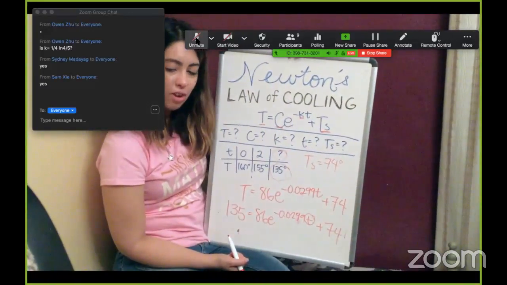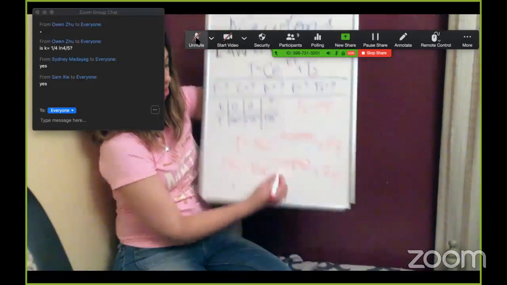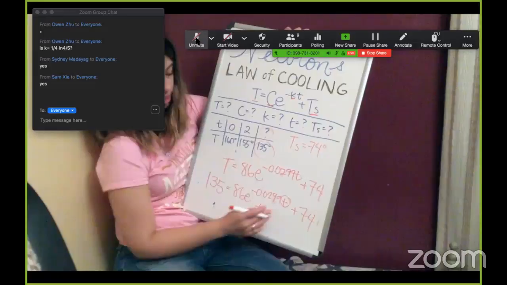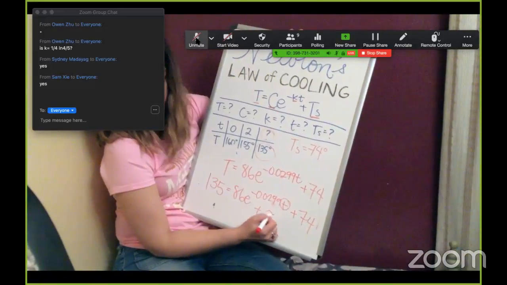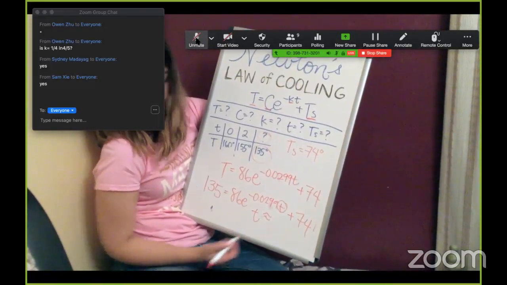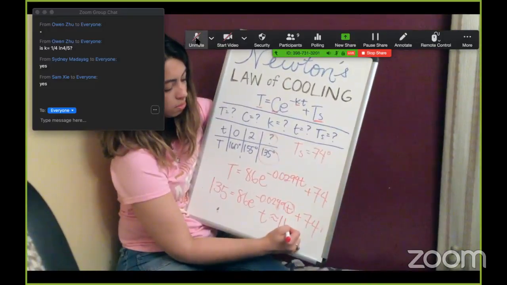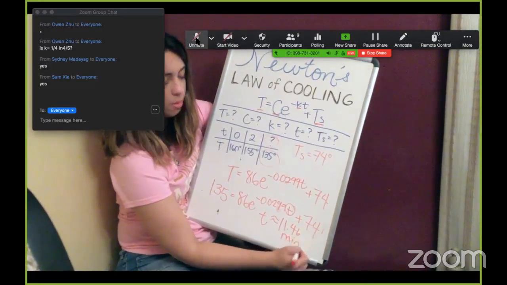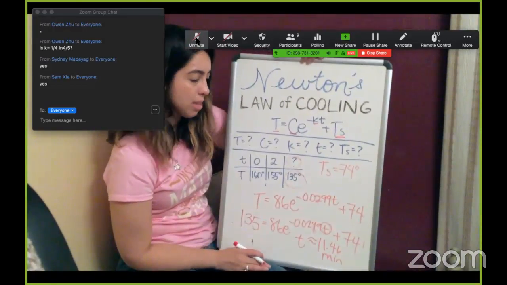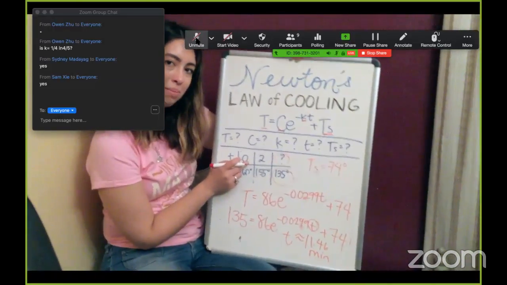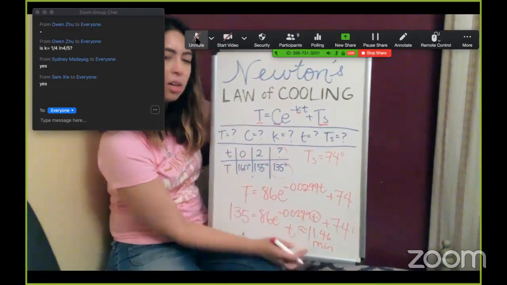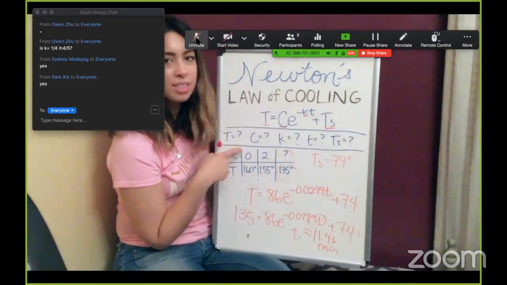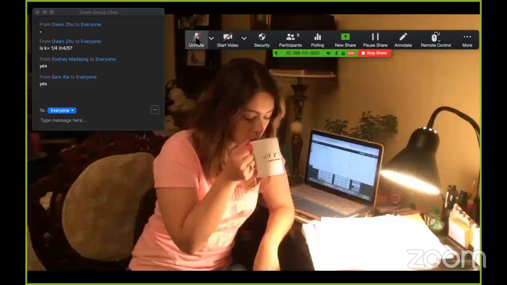Once I finally solve for this t, we will find out that t is equal to approximately 11.46 minutes. So that tells me that from the time that I made my coffee, I should wait about 11 minutes before I take my sip, because otherwise I might end up burned.